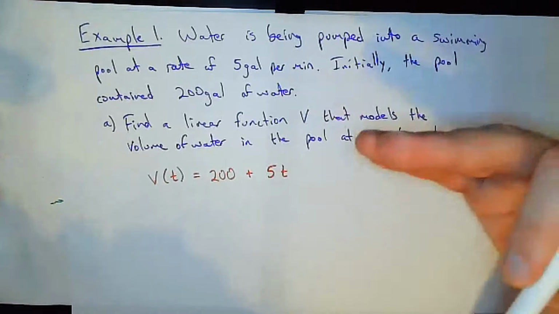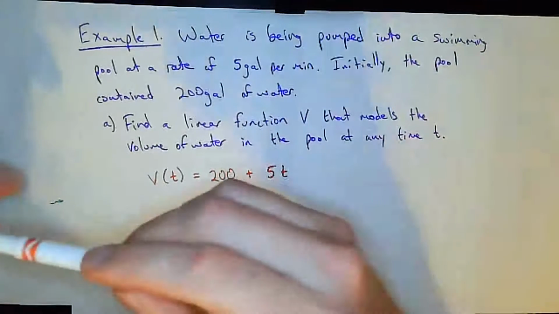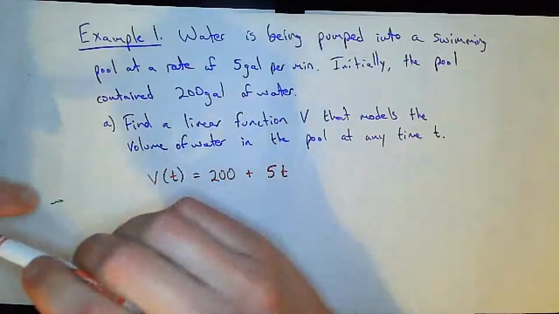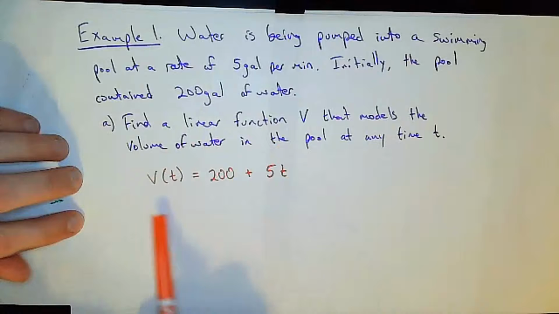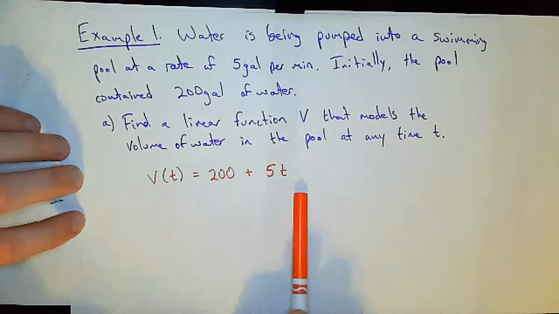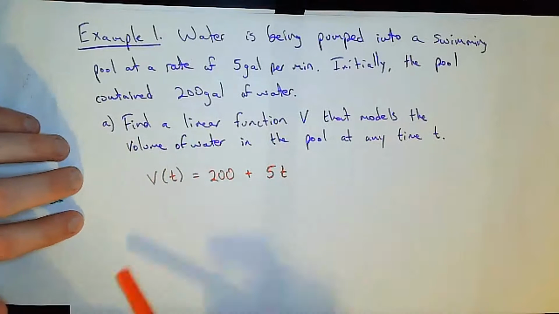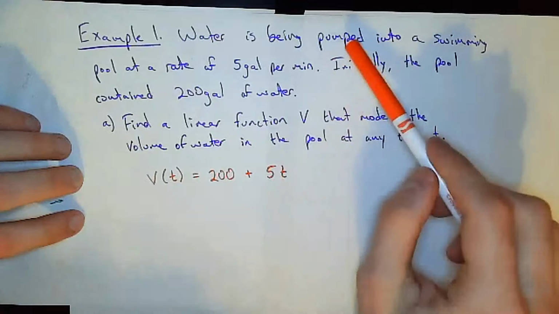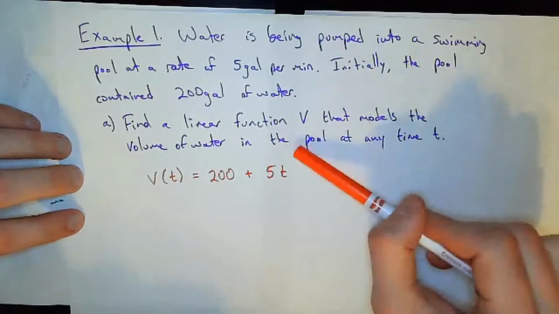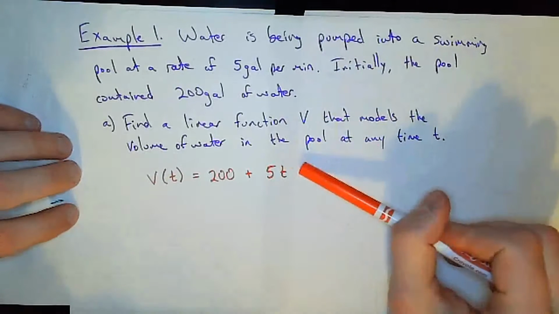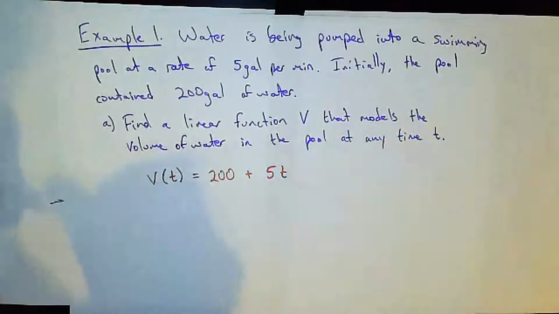If you really stepped out of math class, you could probably figure that out intuitively. All we're doing here is placing a model onto it. Whenever you build a math equation or a function or any mathematical object to mimic something that's happening in real life, we call it a model. So this is a linear model because it's a linear function.